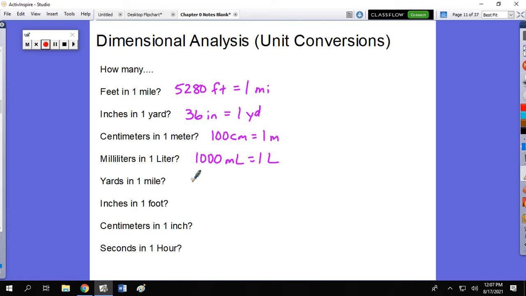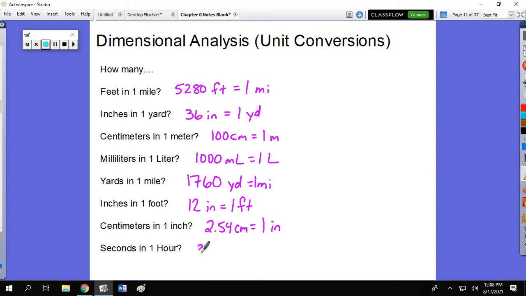Okay, so we're going to go through this pretty quickly here. Some of these might be new to you. It depends on how much exposure you've had to unit conversions. But for instance, some of these, like 12 inches in 1 foot, everyone should be fully aware of. These are examples of what are called conversion factors.